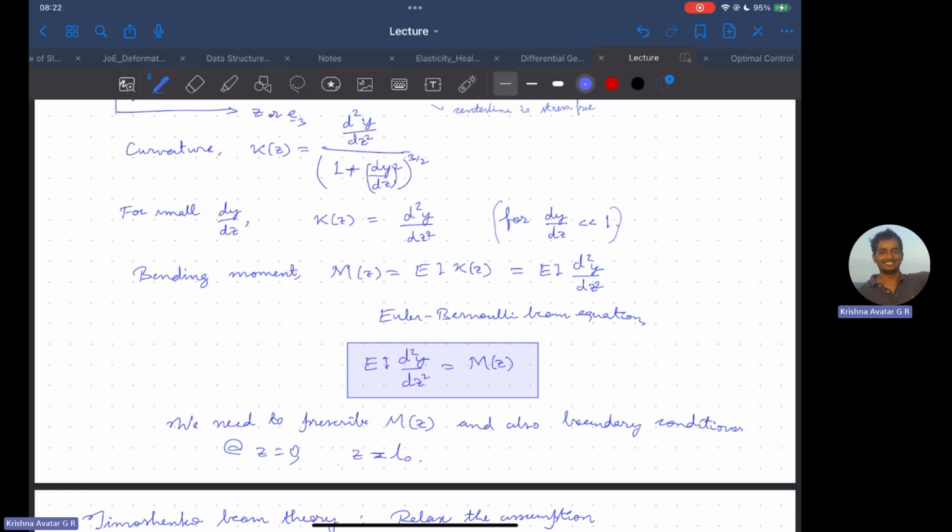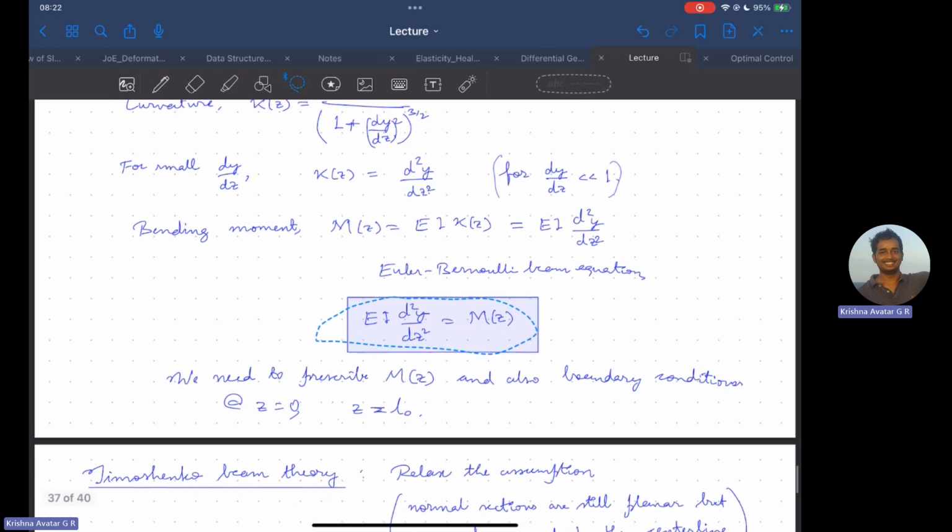Then we have the bending moment, as we learned from the bending law, EI kappa z, which is EI y double prime. This gives us the celebrated Euler-Bernoulli beam equation, which is a very simple model, but quite powerful in that we can analyze very large structures, including, for example, dams, based on this simple equation.